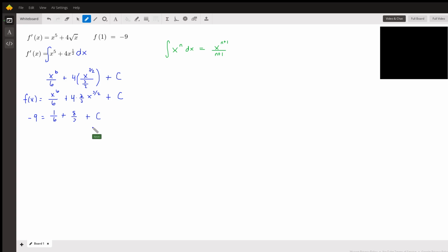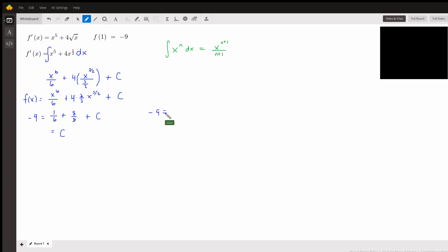And now if we do a little bit of handiwork and figure out what c is, we'll have to get some common denominators and solve this. This is a 3 down here, so this is 16/6 plus 1 is 17/6.